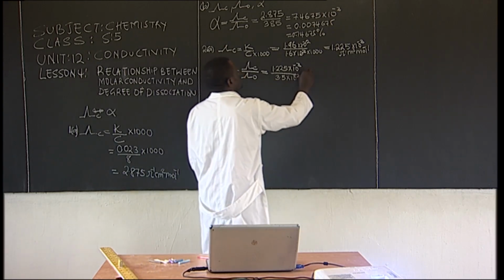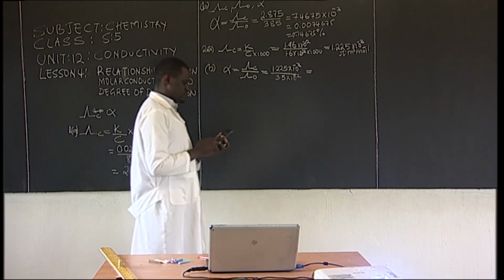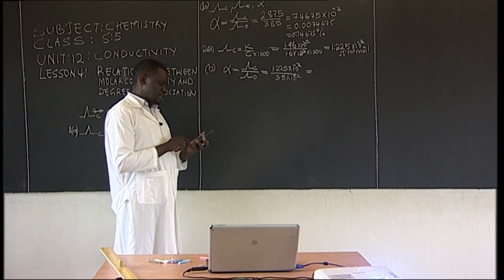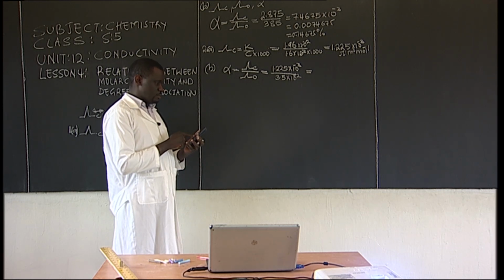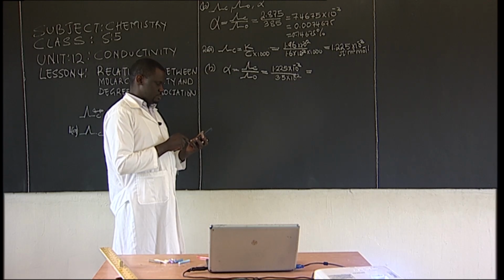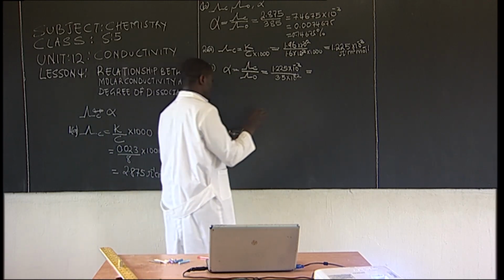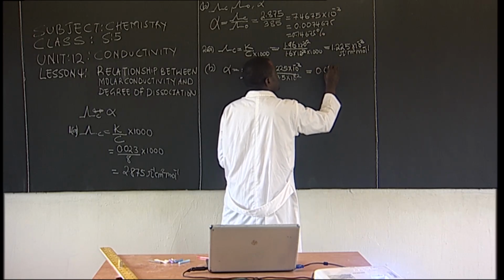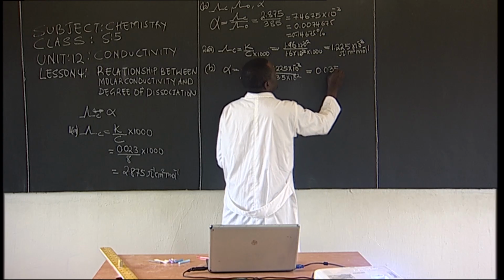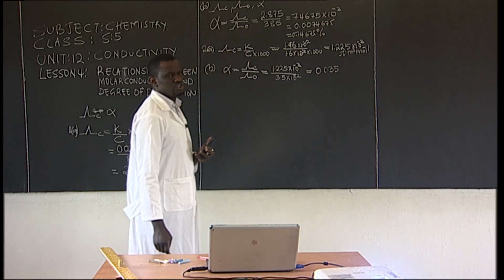So you calculate very quickly and tell us the answer, to see that we are on the same wave. Our value will be 0.0335. That is our degree of dissociation.